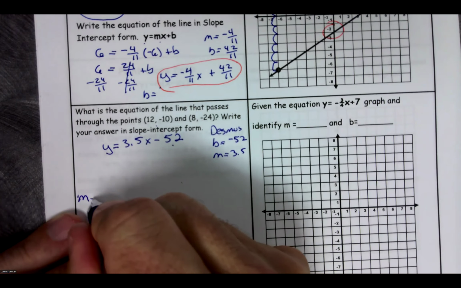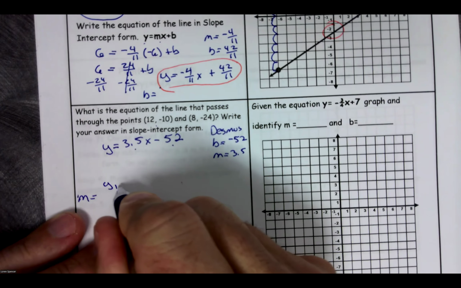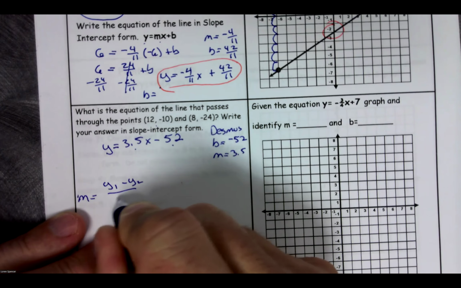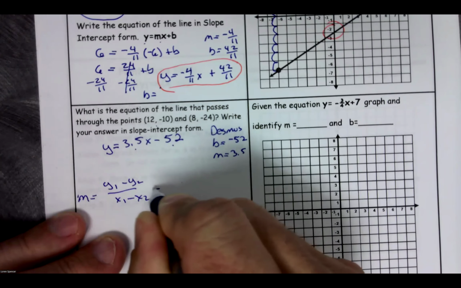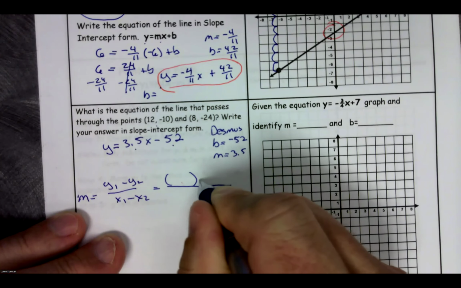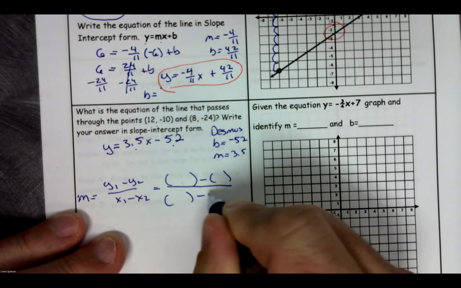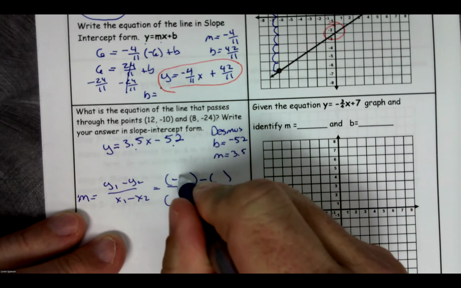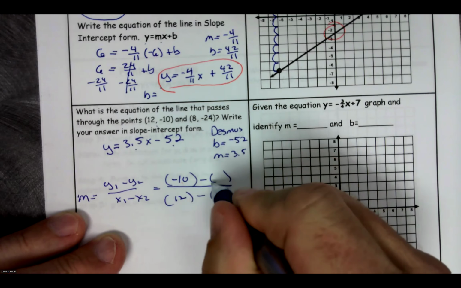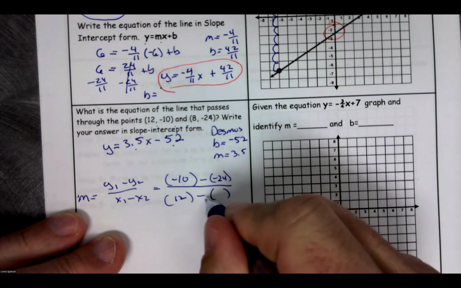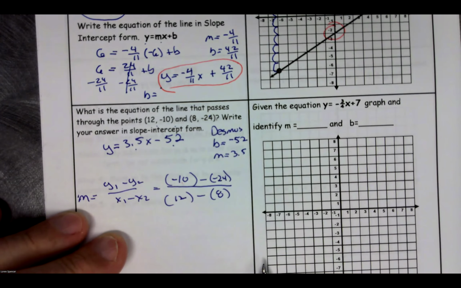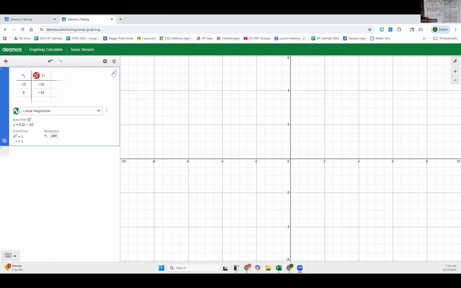But what happens if they want this written as a fraction? Well, you can go y1 minus y2 over x1 minus x2 equals parenthesis and drop in -10 over 12 and -24 over 8. So switching back to our Desmos, and we'll clear that out.